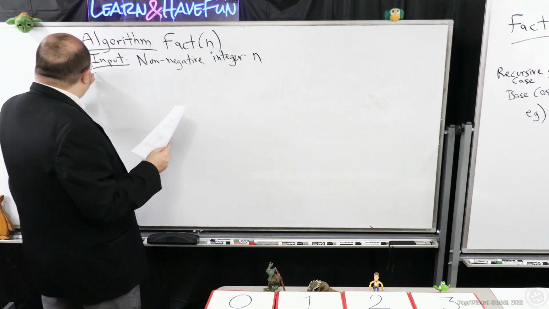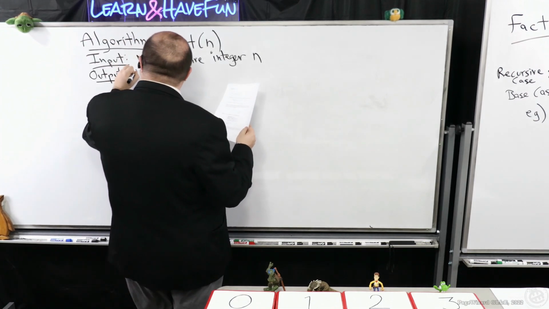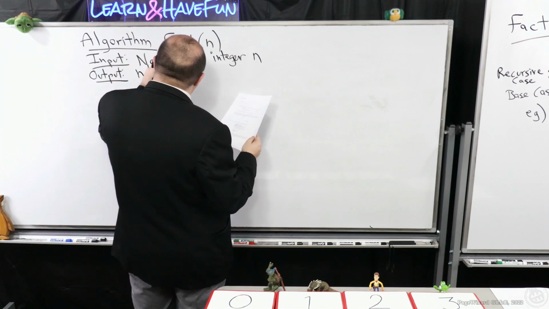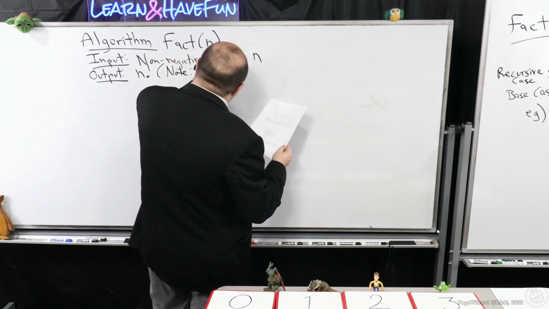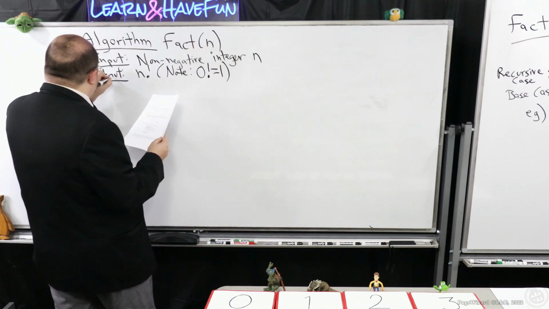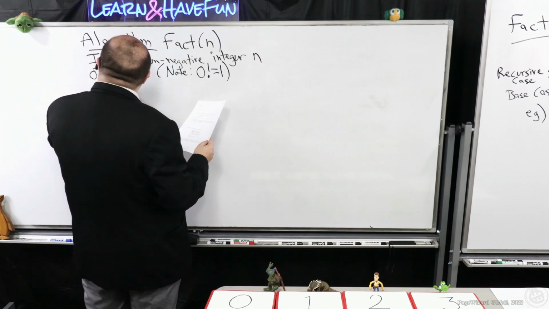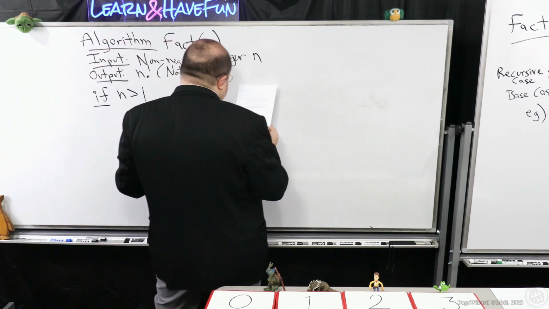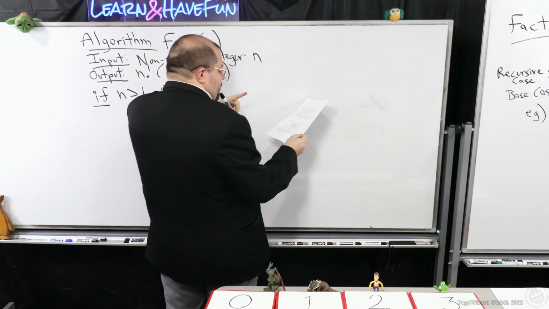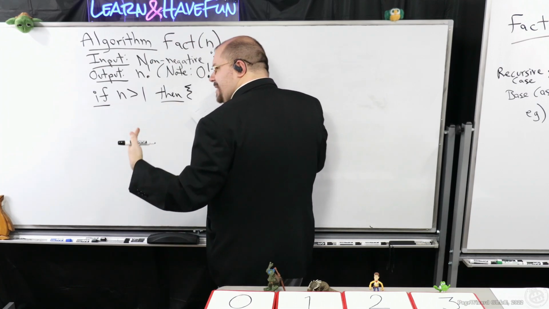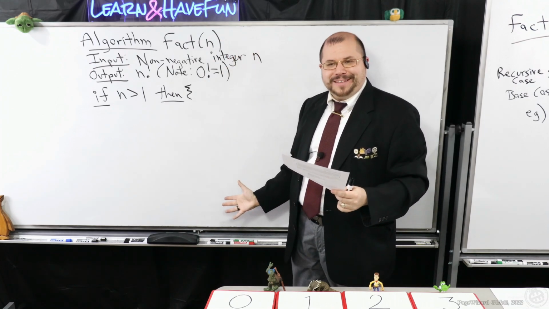And the output is going to be n factorial. I'm going to note for you that 0 factorial is equal to 1. So if n is strictly larger than 1, then, as we described earlier, notice I'm just translating the recurrence relation into an algorithm in this case.